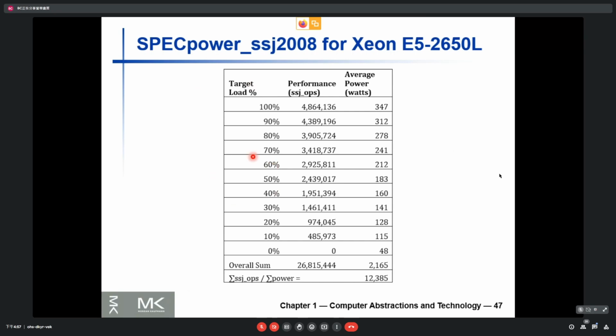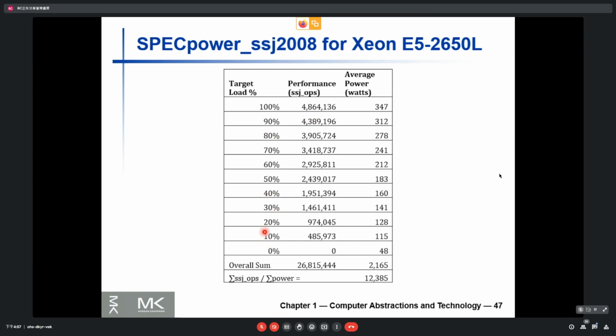Okay, so if you look at the average power versus the percentage of the loading, 就是你的 CPU 是不是满载比例和 power，then you can find out that it's not linear, 它不是线性的。So if you're at 100%, that's 340 watts. If you're at 90%, that's 312, and all the way down to 10%.